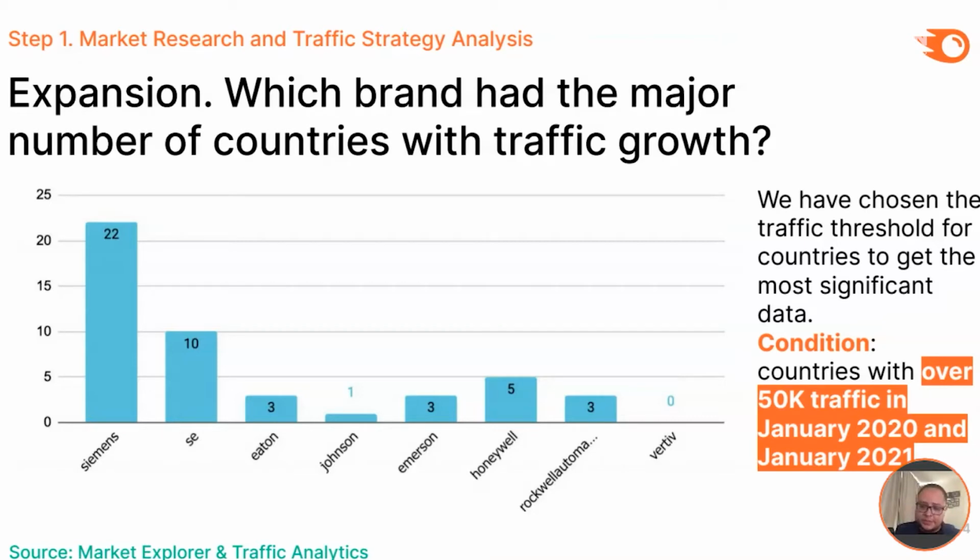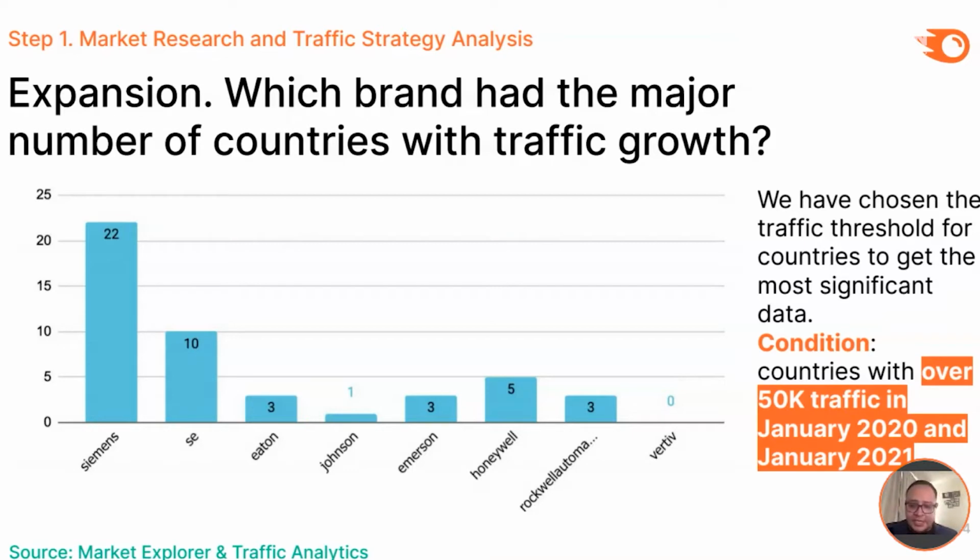We established the first condition: that we are selecting countries with over 50,000 traffic. That means 50,000 users per month, between January 20 and January 21, in the range of this whole year.